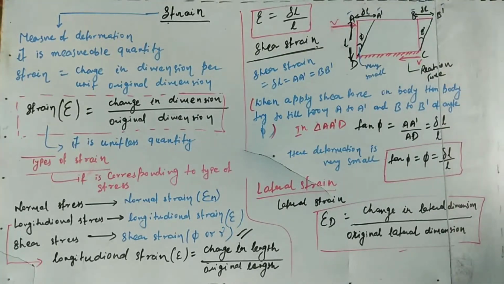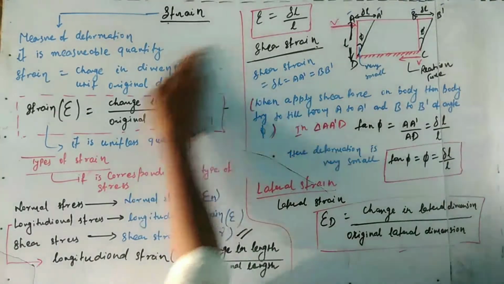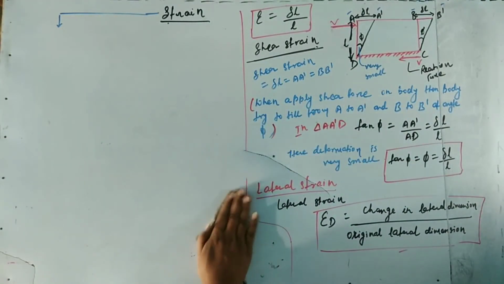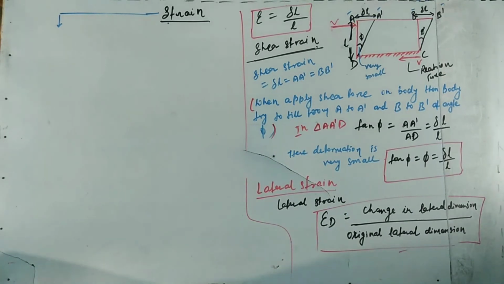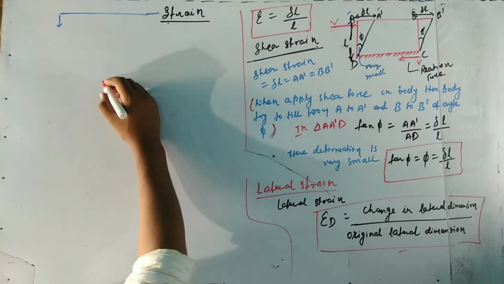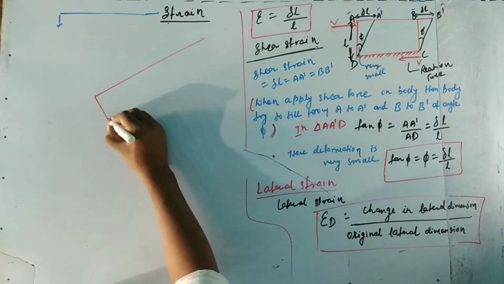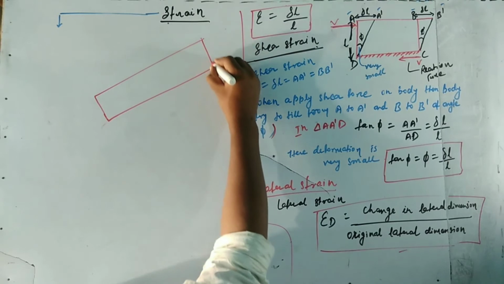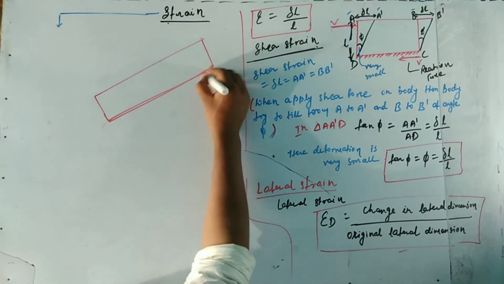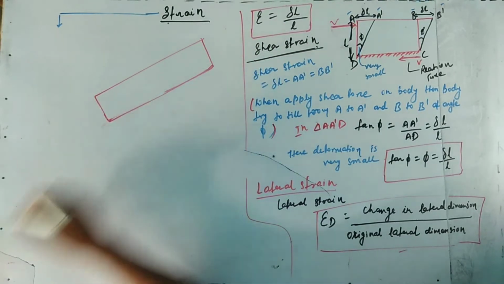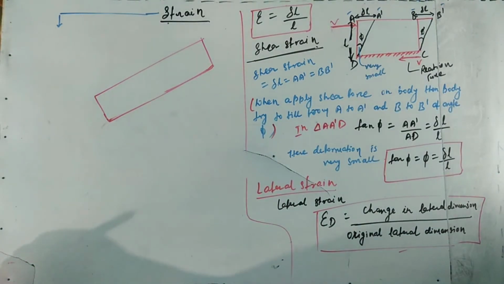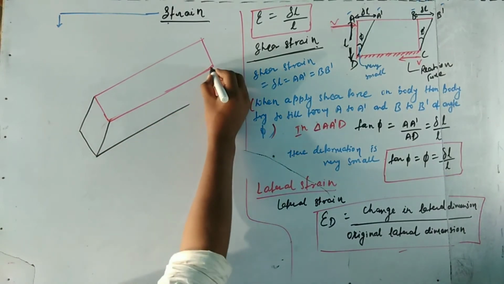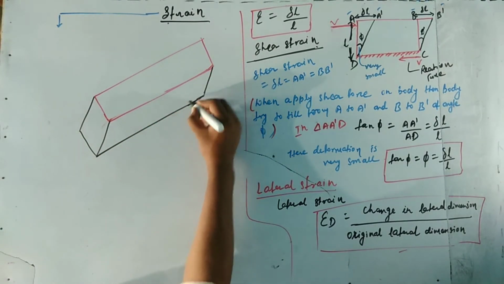For lateral strain, we take another body, and this body is 3D, three dimensional.